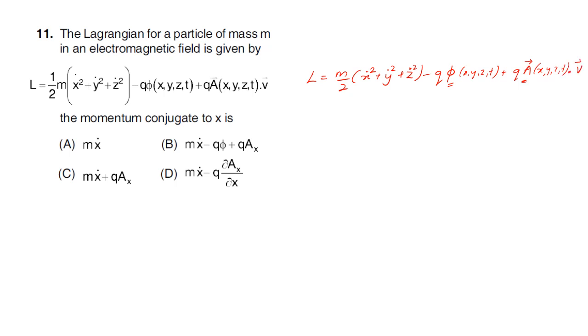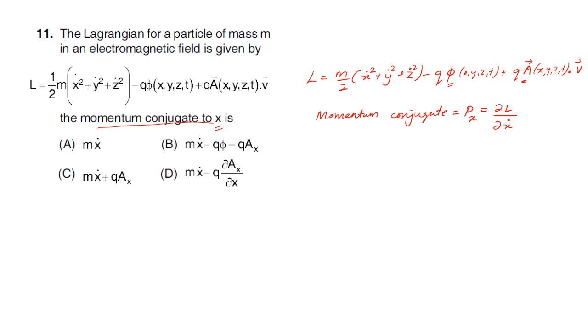Now we have to find momentum conjugate to x. Momentum conjugate to x is given by p_x is equal to ∂L by ∂ẋ.